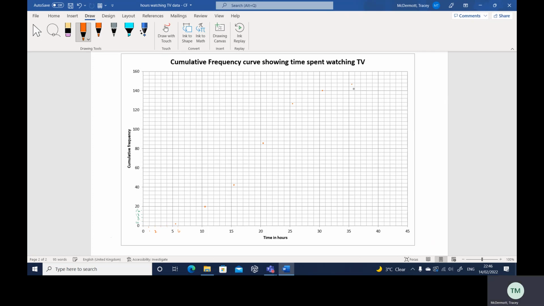So we're up in here. And then finally 40.5 was up as high as 150. And that's everybody accounted for then. 40.5 up at 150, we'll go there.